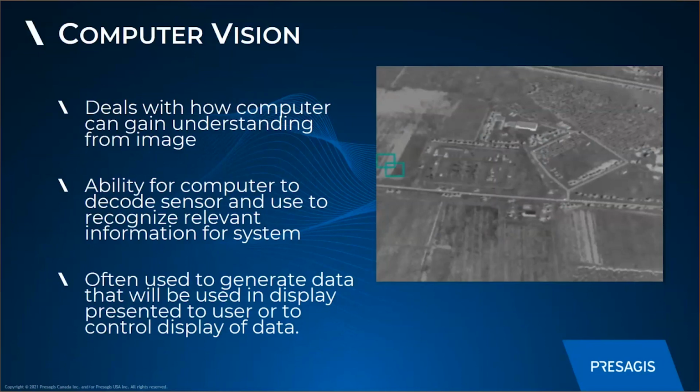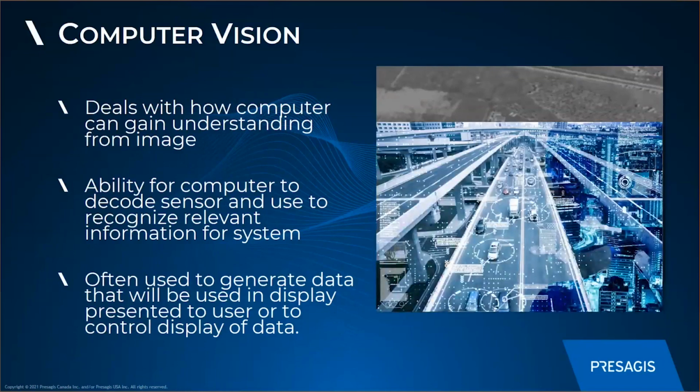So the idea is from this scene, it's tracking objects on the ground based on a camera, and it's turning that into data that we can either show to the pilot or the user of the display system, or can be used for making decisions of what we display or what we do within a flight deck or inside a control system.